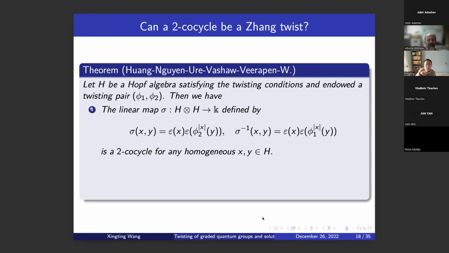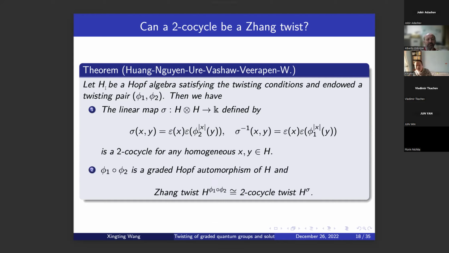Okay, and the formula is very explicit, right? You give me x, y, you just apply epsilon, but on y you have a twisting by phi 2 to the degree of x. For sure, it works for any two homogeneous elements of H, which means that I do need a twisting condition on H as an assumption.